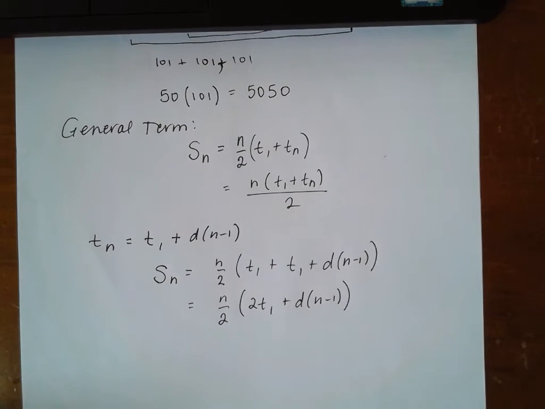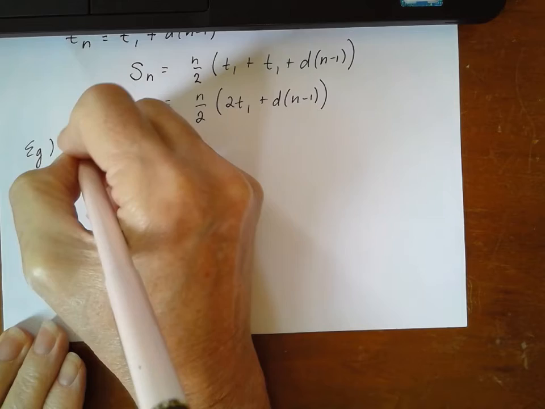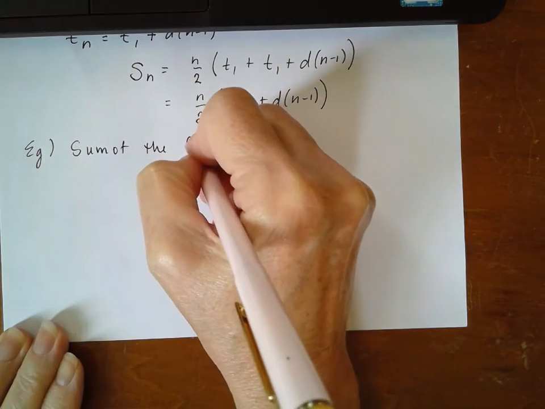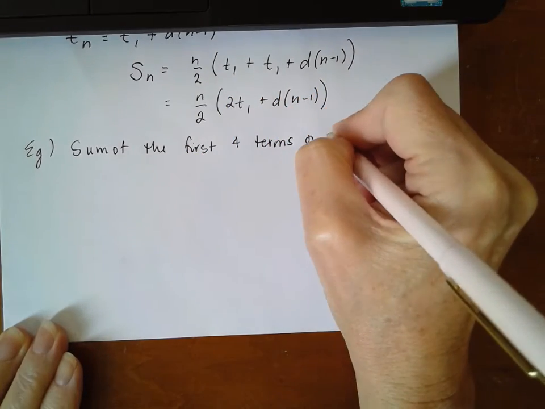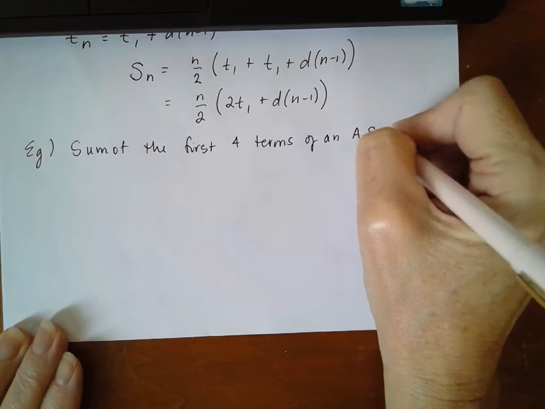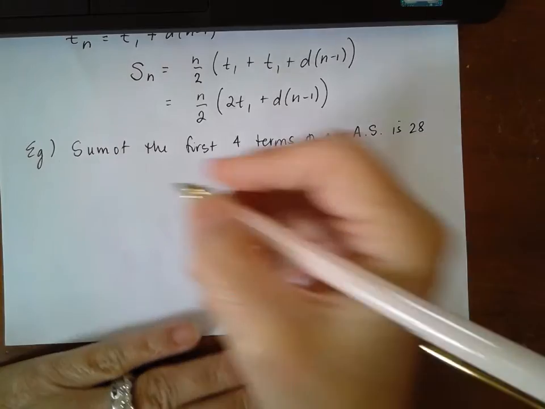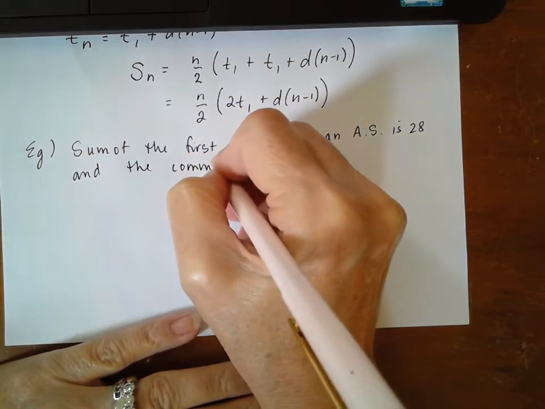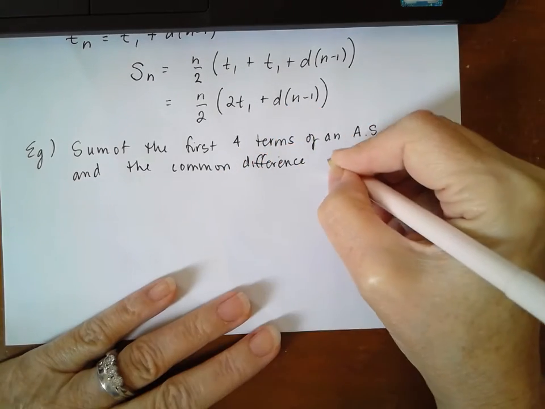All right, so let's do a quick example, and then we'll be done. Here's the example. The sum of the first 4 terms of an arithmetic sequence is 28. So I've added 4 terms, I get 28. And the common difference of the sequence is 4.